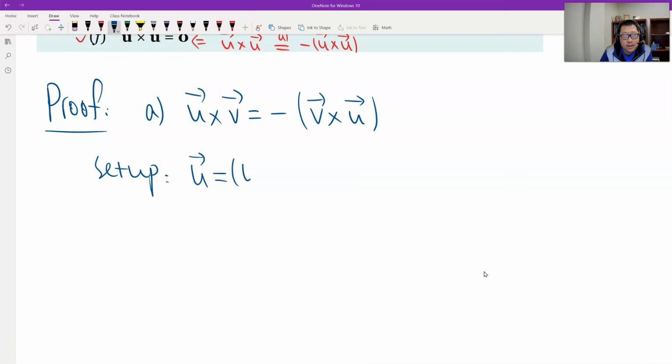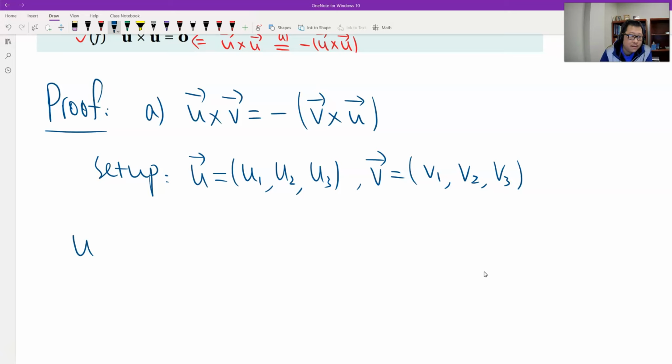U is (U1, U2, U3). The definition is in 3-space, and then V is (V1, V2, V3). So I can do the calculation directly. Therefore, U cross V by the definition is a vector.